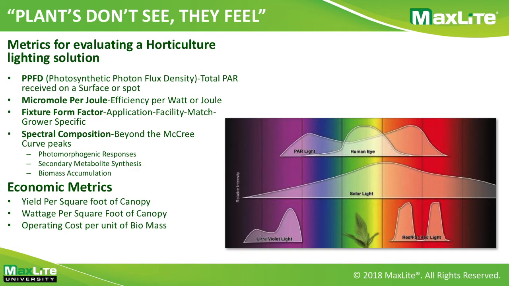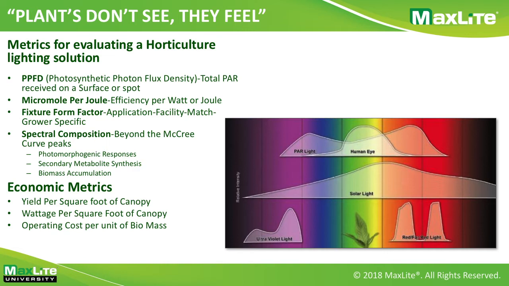And then the spectral composition: we look at how the light that we're applying, as we mentioned before, can drive photomorphogenic responses. Can we provide an additional layer of quality, say, a response in secondary metabolite synthesis? So we're talking about how we drive a certain response in a plant to produce a certain chemical.